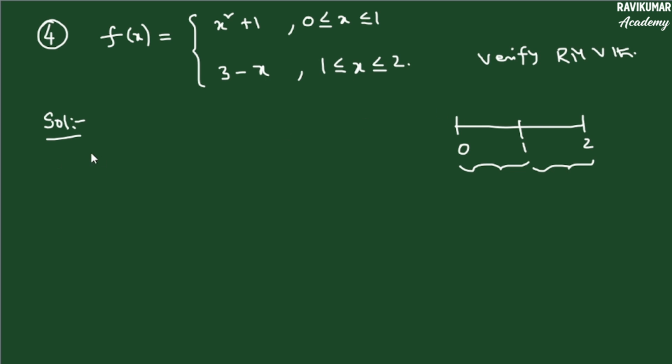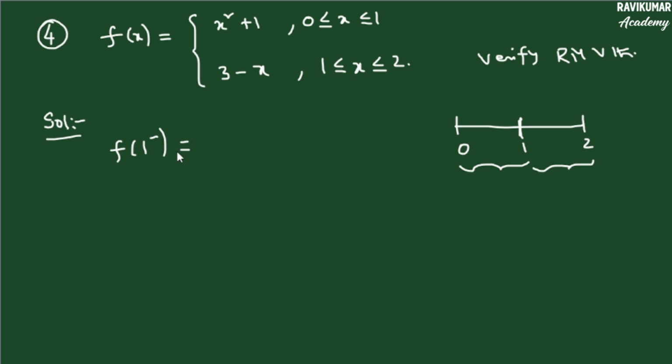But what about the continuity? So there is a break at x equal to 1. That means the function is actually split. But we need to check the continuity, right? So we need to check continuity at x equal to 1. What is f of 1 minus? That means 1 minus means to the left hand side of 1.